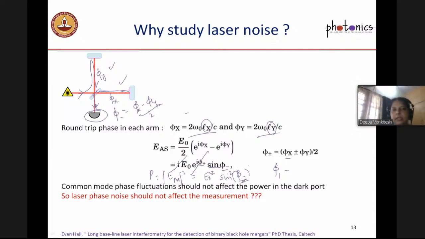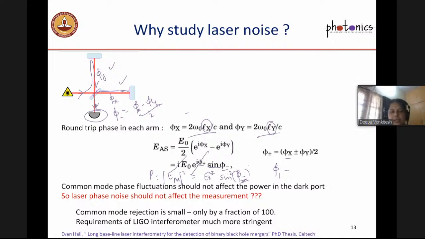Because you're making the measurement in the dark port. So the answer is the common mode rejection is actually very small, the rejection between the two.